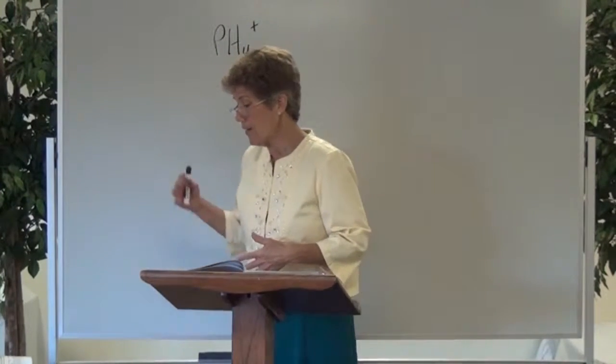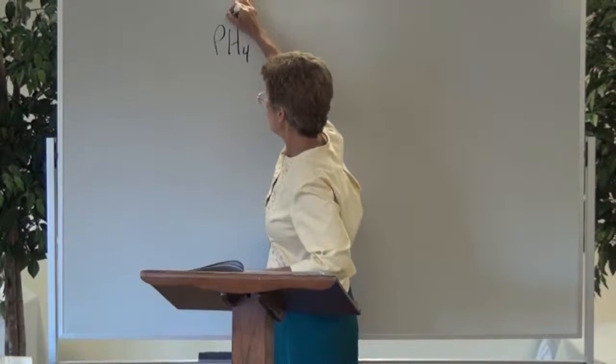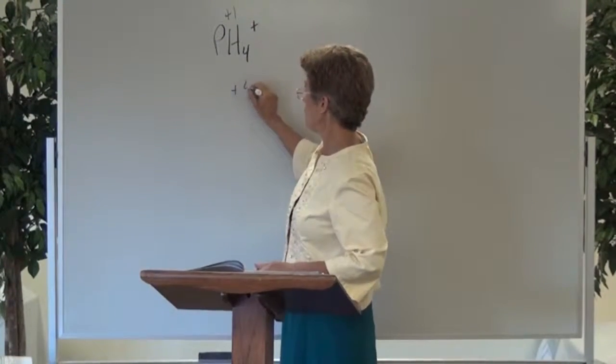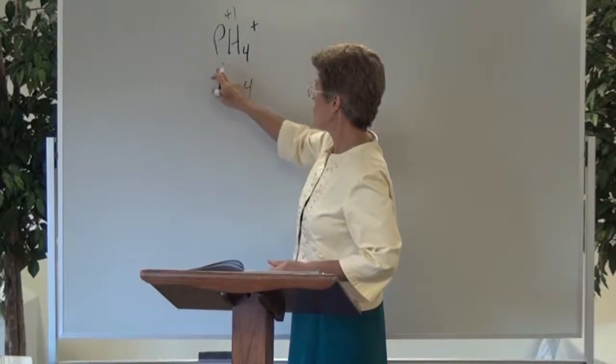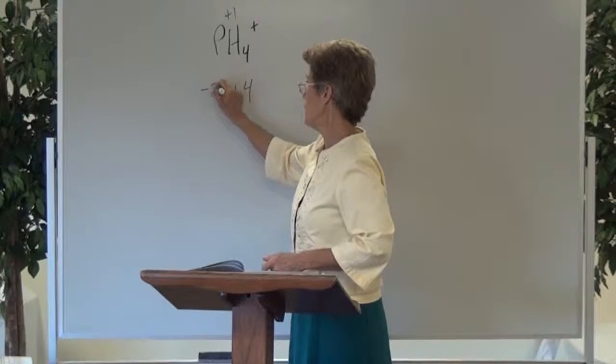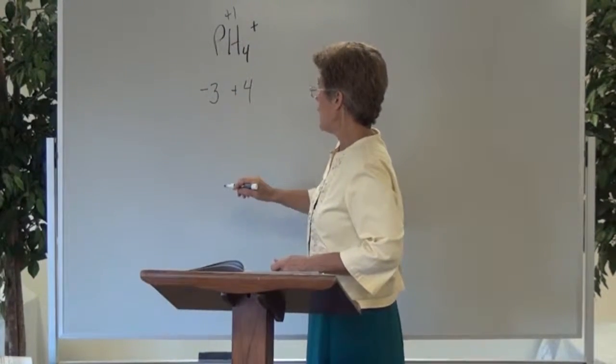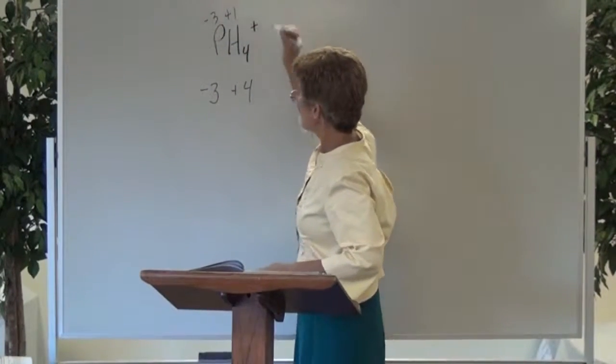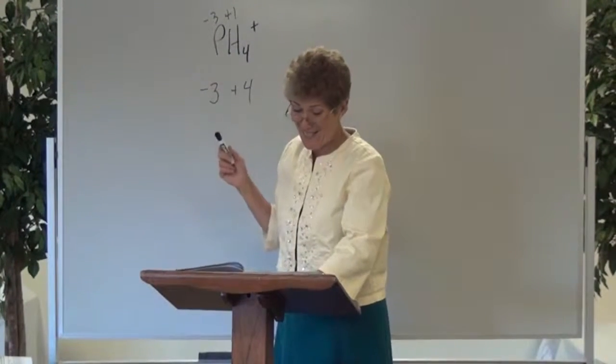No. Fifth rule, if hydrogen is by itself and it's not with a metal, it's going to be a +1. And so we've got +1 here times 4 is +4. And so this is going to have to equal a +1, it's going to have to be a -3, isn't it? And so this would be a -3, this would be a +1. And so the answer to fit that would be D. Phosphorus is -3 and hydrogen is +1.